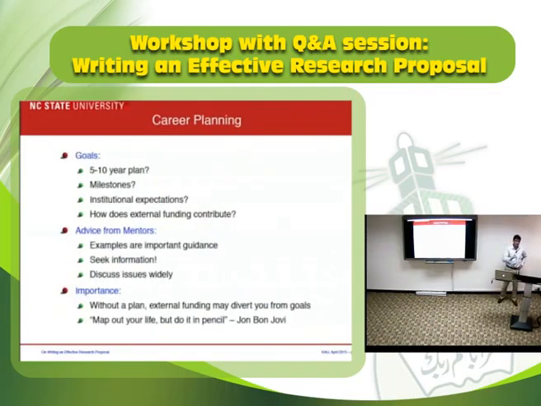So now I'm going to talk about this career planning part, and this is not applicable just to those of us who are already faculty and are trying to get funding, but it's also important for students when they make a decision on what kind of research to pursue.